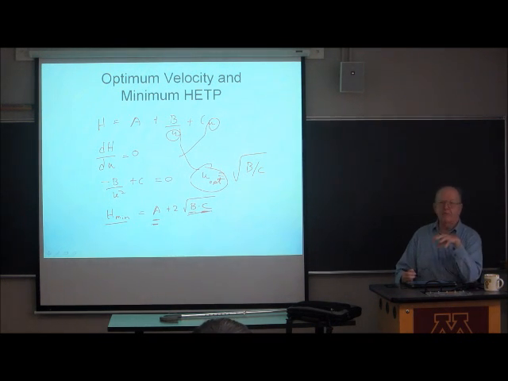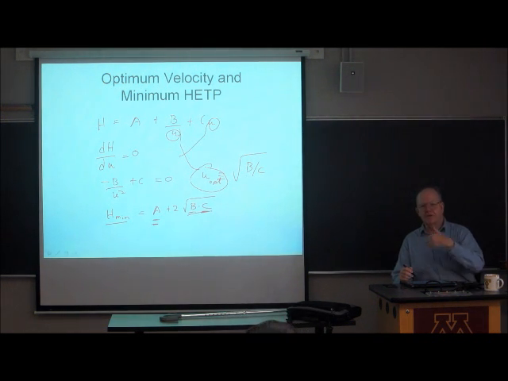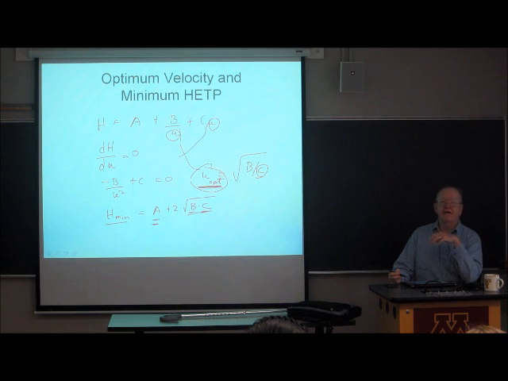So there's no untoward consequence of working with a column with a small A or a small B. But if you work with a column with a small C, since C is in the denominator over here, that makes the optimum velocity get bigger.